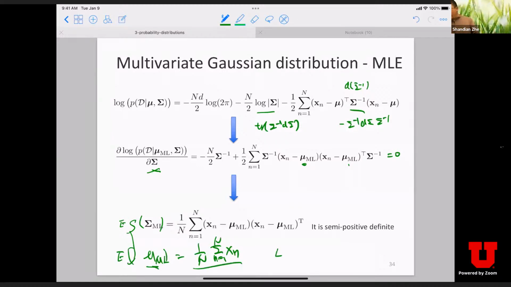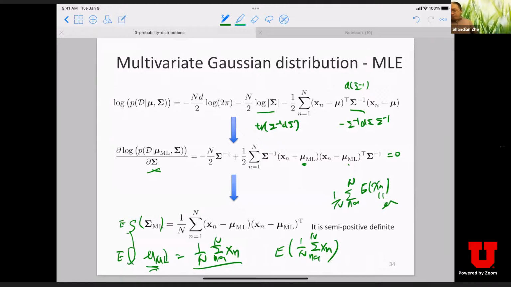If we take a look at this average, the expectation of the summation is the summation of the expectation, because each xn are IID to each other. This guy is mu. Just calculate mu for big N times and take the average, still mu. So that means your maximum likelihood estimation of mu is unbiased.